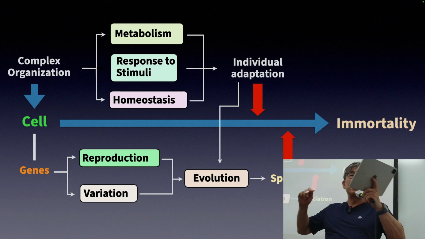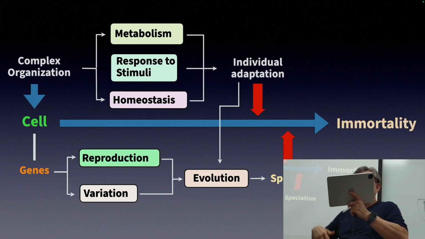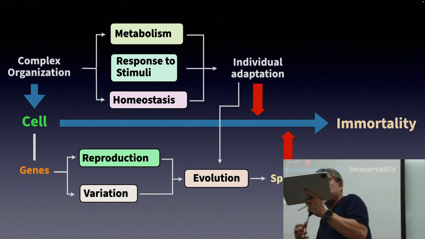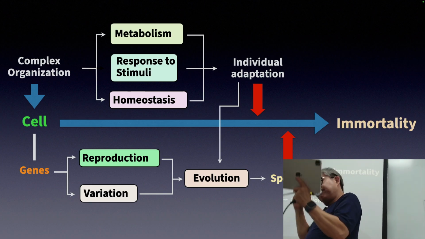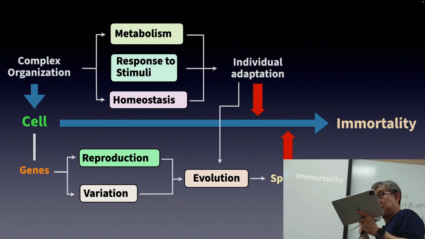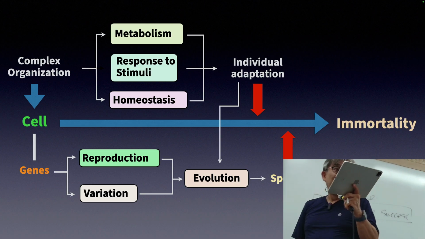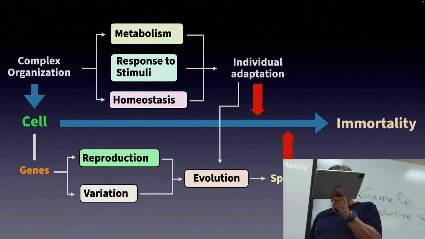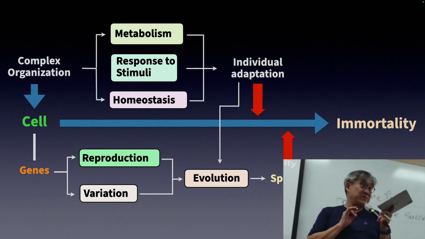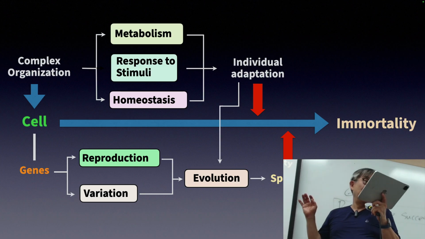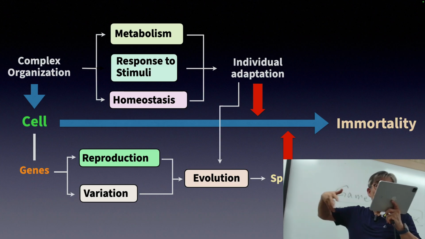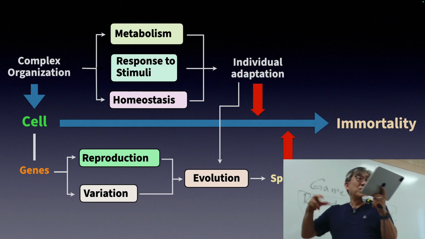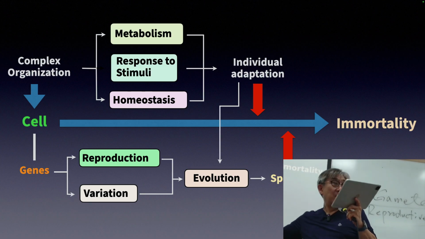Although it's rare, in some specific conditions, a trait you obtained through your individual efforts, like building muscles, can even be passed on to your sons and daughters, depending on specific circumstances. That's a very interesting discovery these days. There's a new horizon in the field of genetics. I'm going to introduce that concept later on.